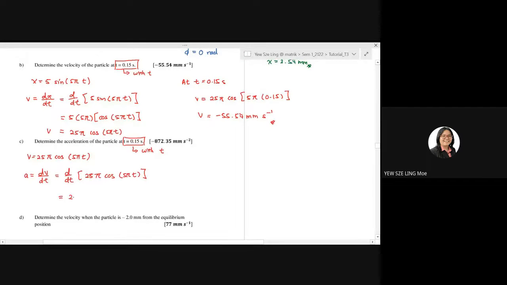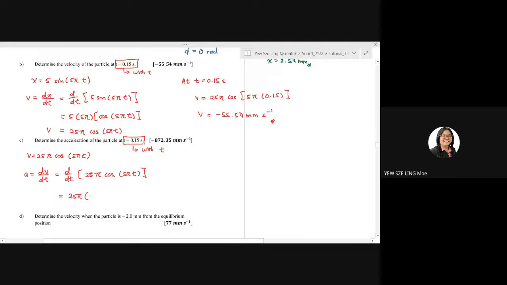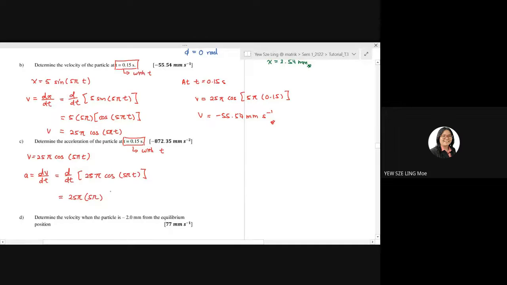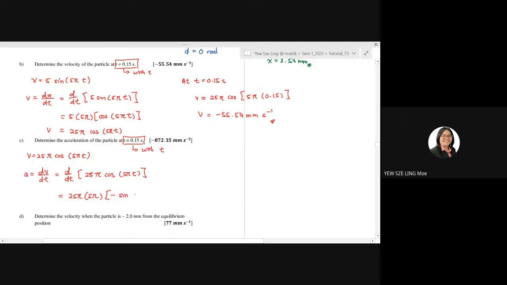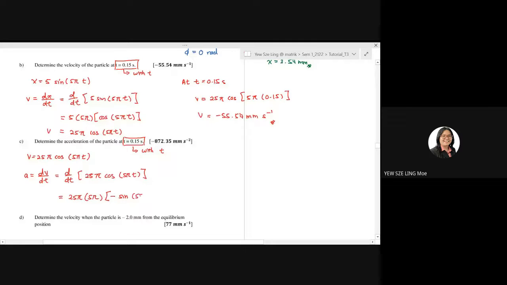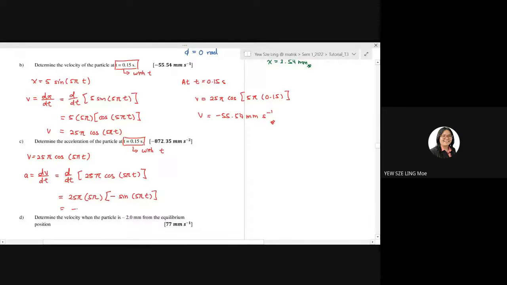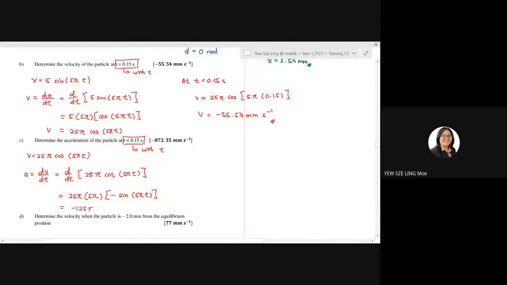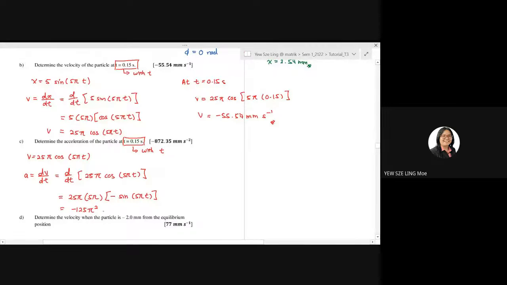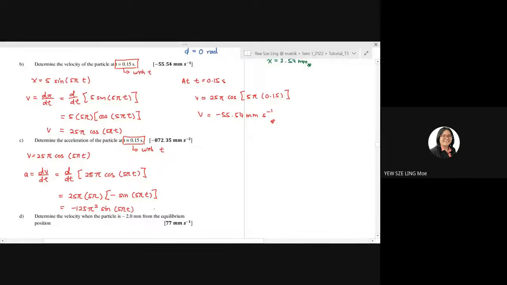I will then obtain 25 pi times 5 pi. Now, you differentiate cos, you will get negative sine. So cos becomes negative sine 5 pi t, which equals negative 125 pi squared sine 5 pi t. So this is how I differentiate it.